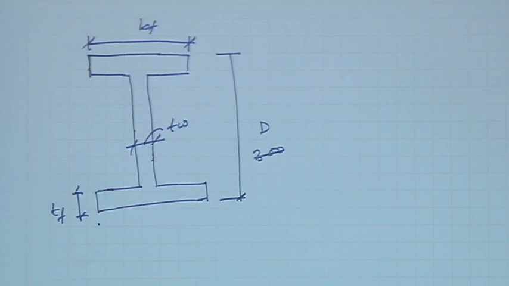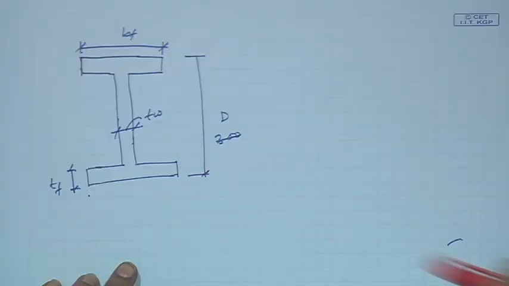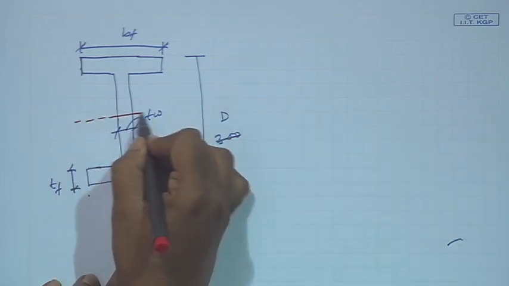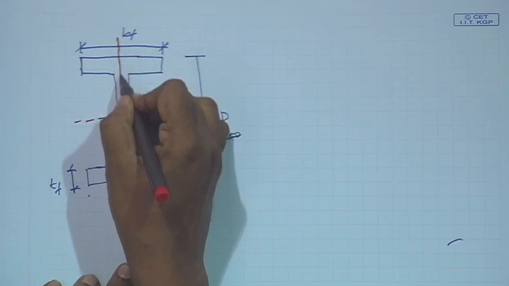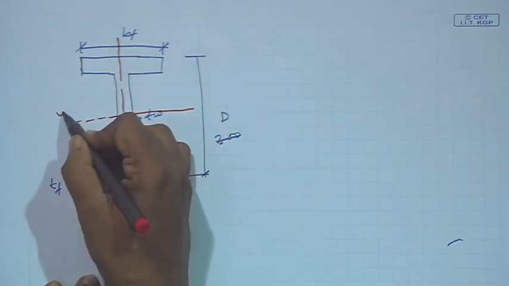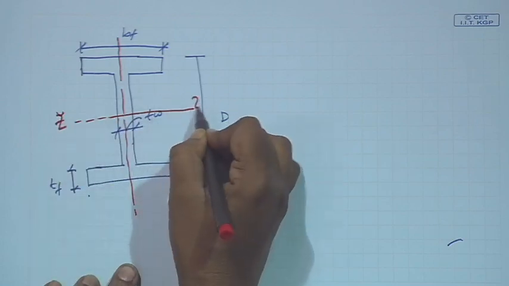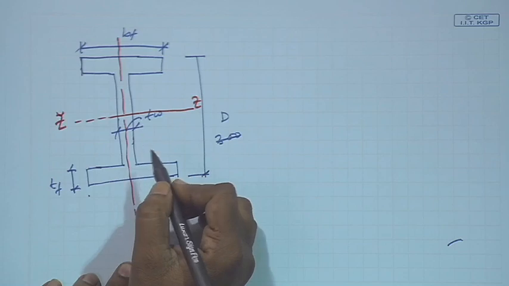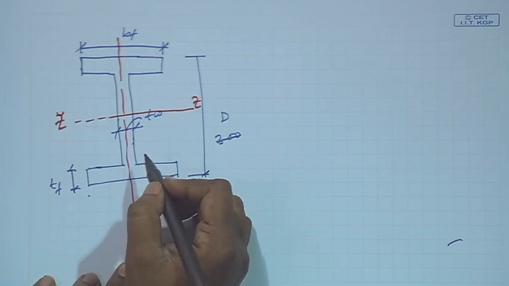Now this is a symmetrical I section. So, it has equal area axes about z z and y y, which pass through the centroid of the section. So, if this is the centroid of the section, then about the z z axis we have to find out the plastic section modulus.